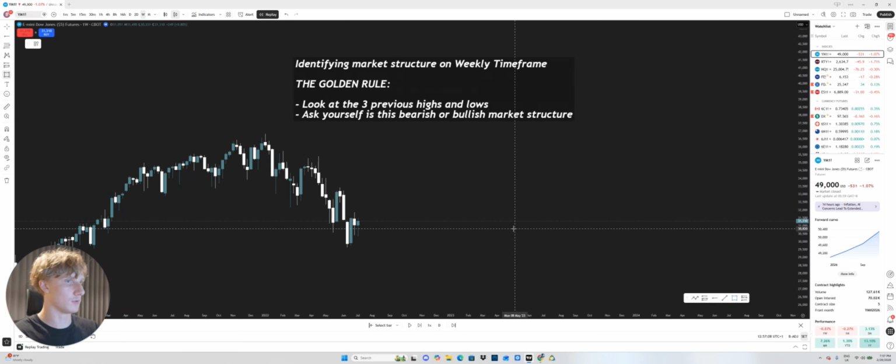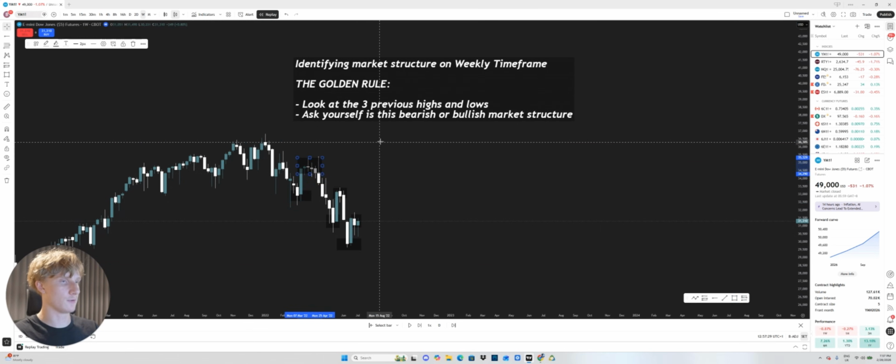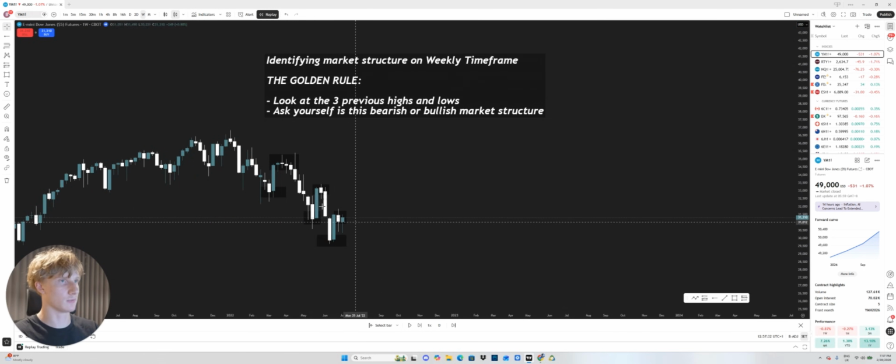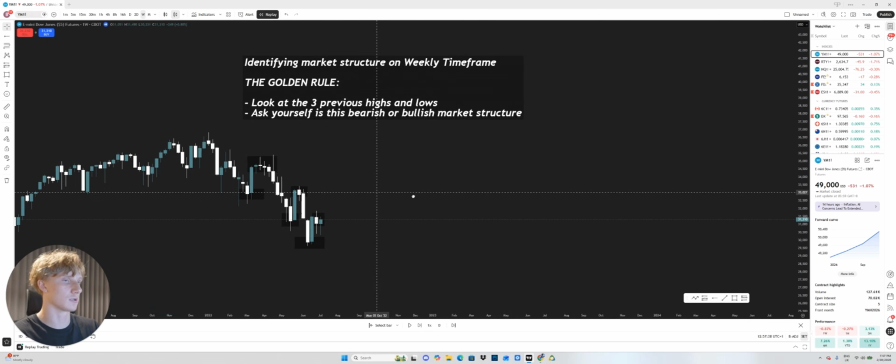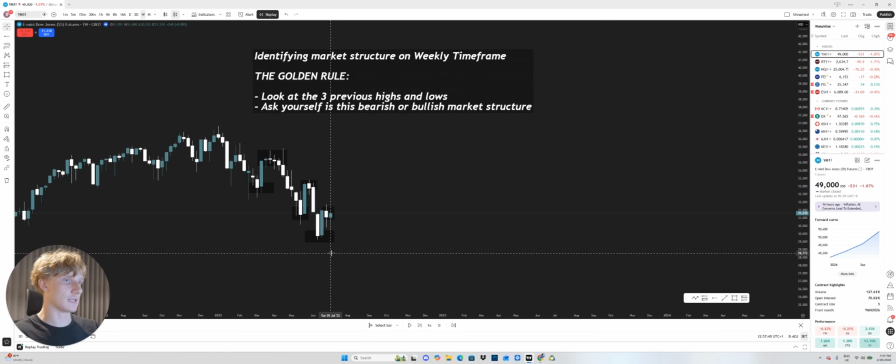So if we go ahead and mark out the three previous lows, so 1, 2, 3, and now we're going to mark out the three previous highs. Cool. So now we've had them marked out. Now, how you mark them out doesn't really matter. You can circle it, you can put a square box on it, or whatever helps you, essentially. Okay. So now we have these marked out.